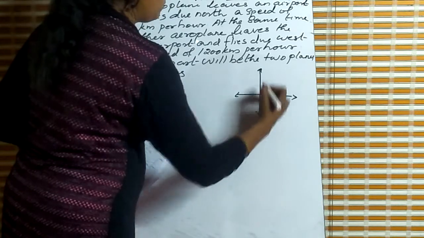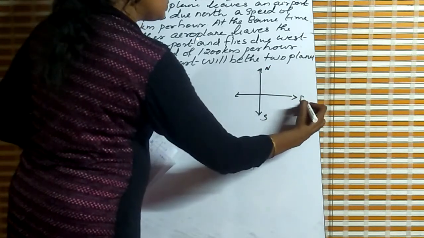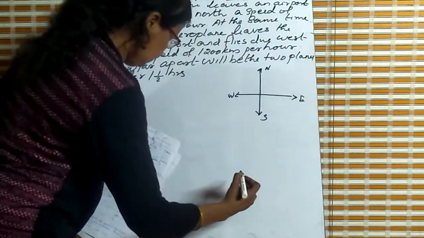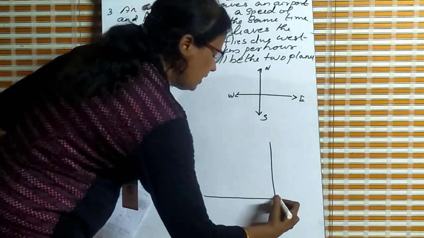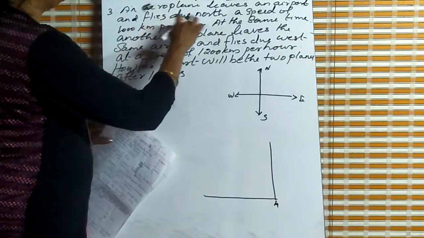You know in geography, north, south, east, west. Here A is the airport and the first plane flies due north.